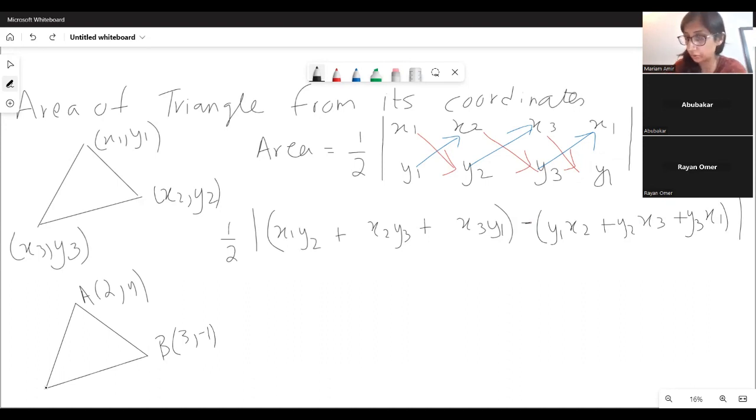Figure is not accurately drawn, and C is -3, 3. Okay. So you're given these three coordinates of a triangle, and you need to find the area using these three coordinates. So half outside, modulus. First coordinate, x is 2, and then write y underneath, then 3, -1, and then -3, 3, and then repeat the first one, 2, 4.